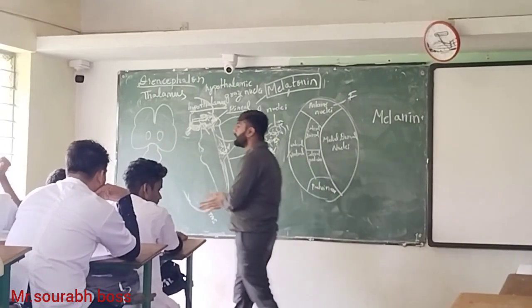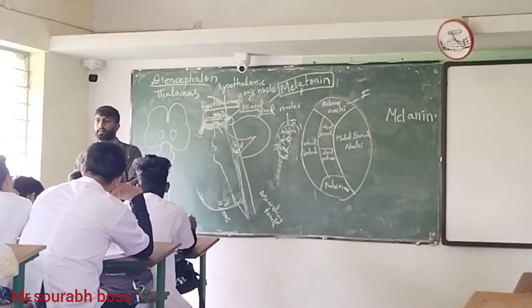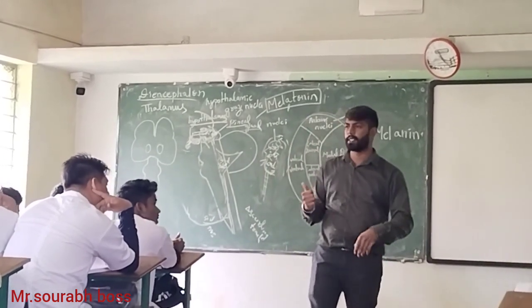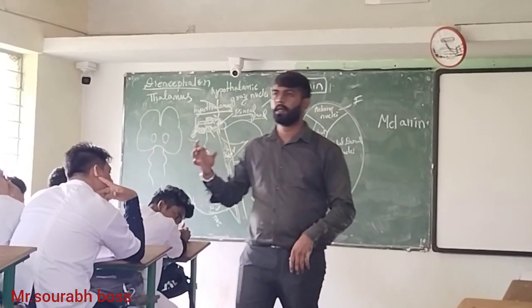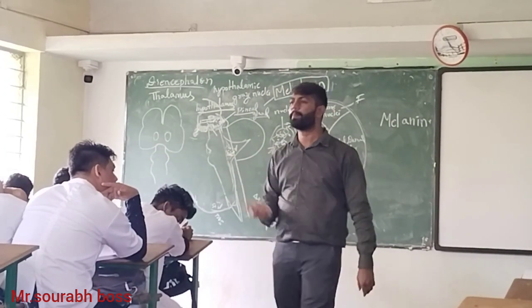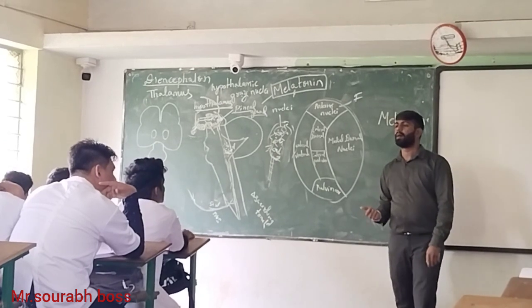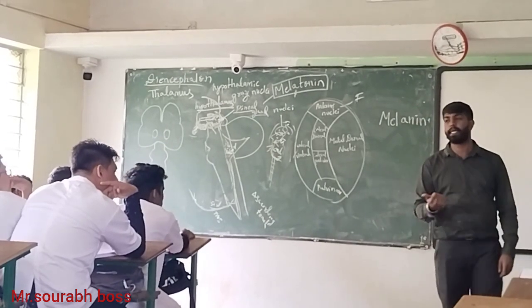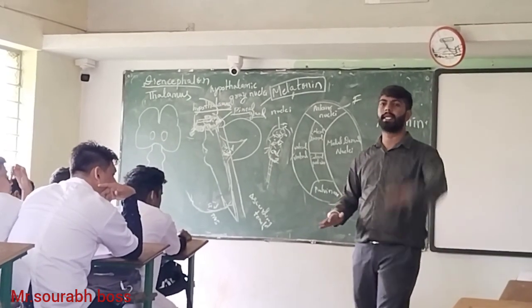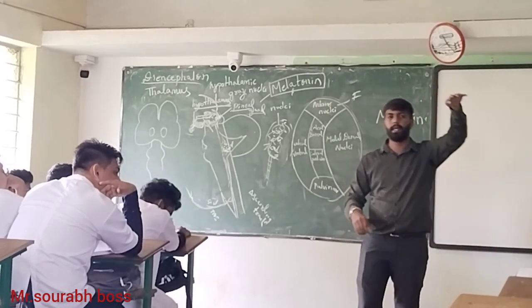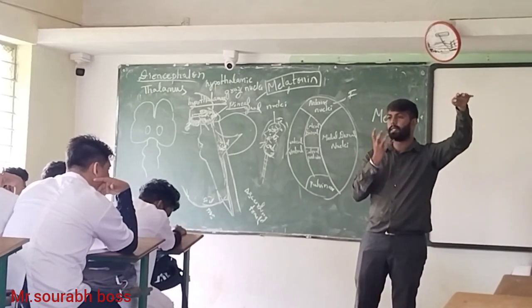Okay, then it regulates some of the osmotic pressure, or it regulates the drinking pattern or eating pattern. It regulates the drinking pattern and eating pattern. Okay, if there is an increase in osmotic pressure, it causes thirst.